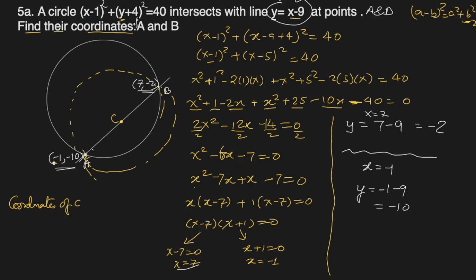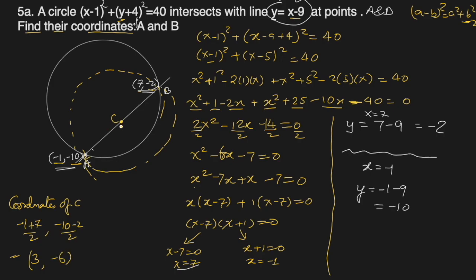So coordinates of C will be the midpoint. This is how we find midpoint. Minus 1 plus 7 divided by 2, and minus 10 plus minus 2, which is minus 12, divided by 2. So 6 divided by 2, 3, and minus 12 over 2, minus 6.